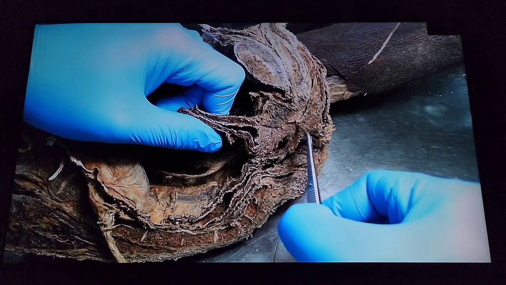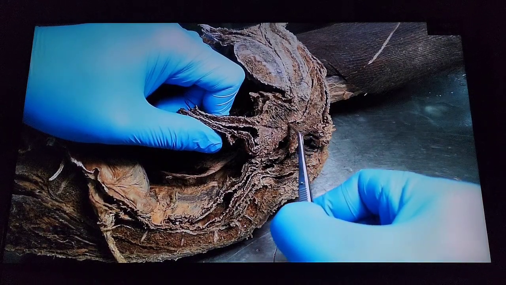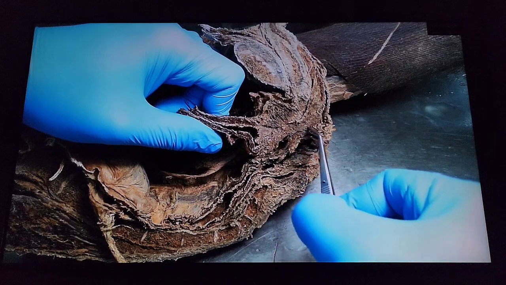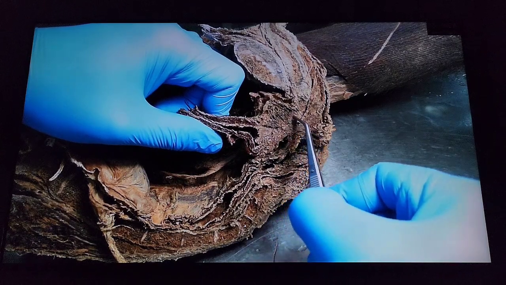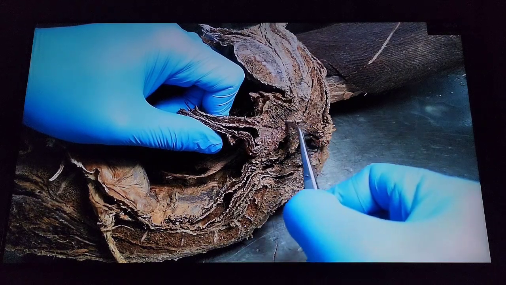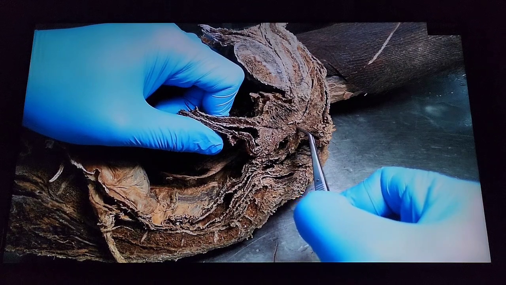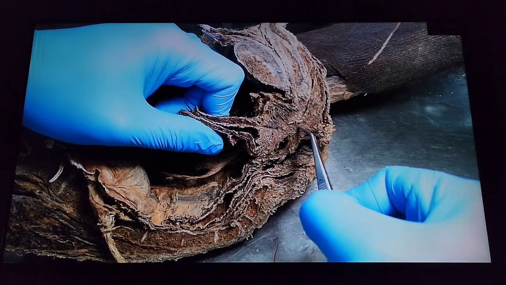And here we have the urogenital diaphragm traversed by the urethra. Here is considered as the deep perineal pouch, containing the muscles forming the urogenital diaphragm.